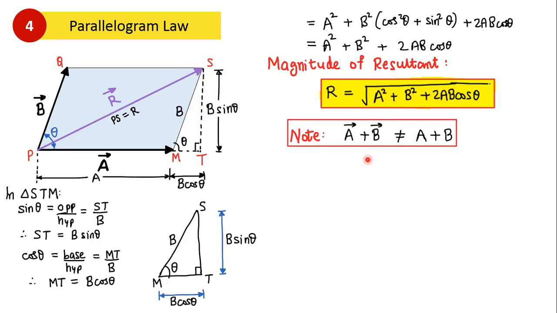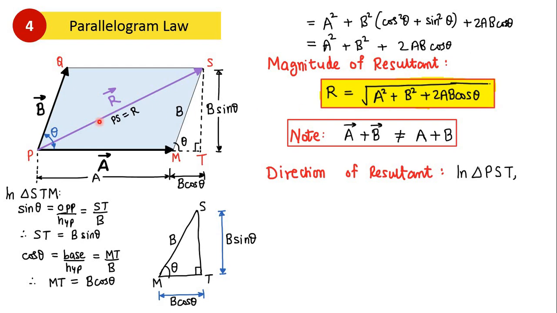So we have to note here that the magnitude of vector A plus vector B is not equal to magnitude of A plus magnitude of B. In fact, the net magnitude of the resultant is given by the above square root formula.